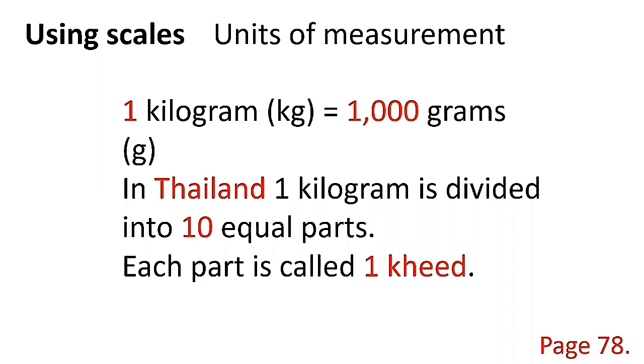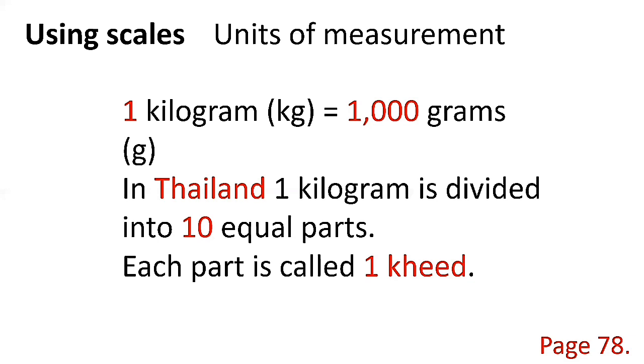So that means in 1,000 grams, there is only 1 kilogram, or in 1 kilogram, there are 1,000 grams, or 1 kilogram is equivalent to 1,000 grams. Don't forget to write kilogram as kg, and grams as g.